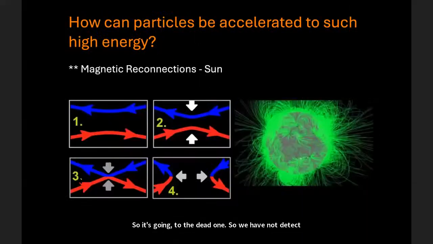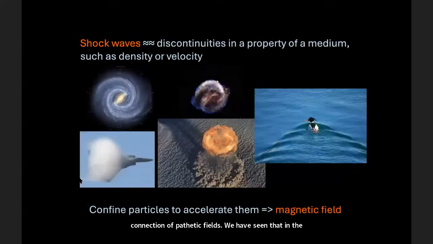Well, these cosmic rays are accelerated because of the connection of magnetic fields. We have seen that in the sun, but it's not enough to produce the most energetic ones. We know that they are produced in what we call a shockwave. A shockwave, just to understand, is that wave that is produced when the source moves faster than the velocity at which we can communicate that something happened there.